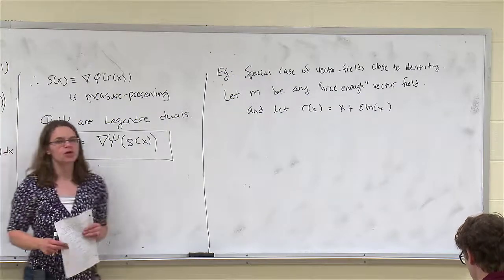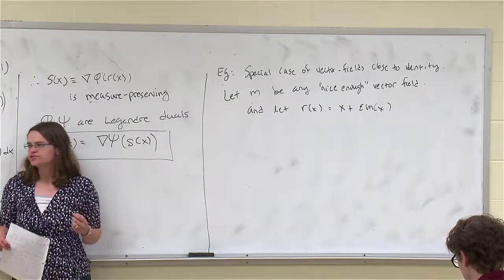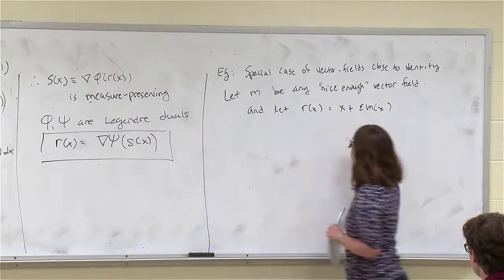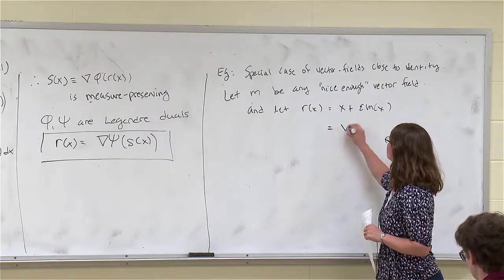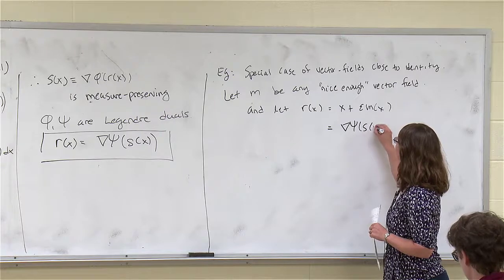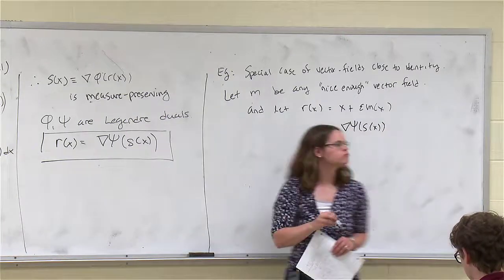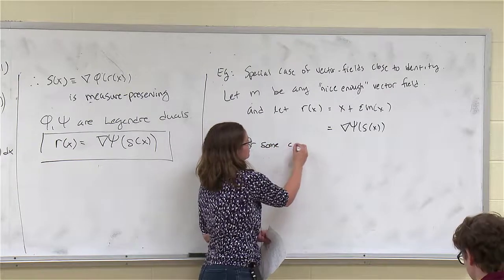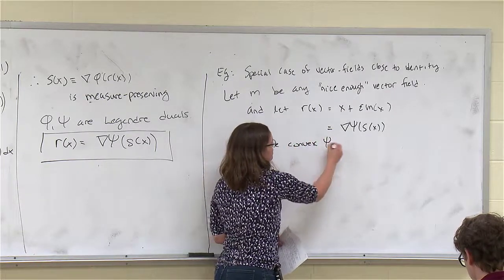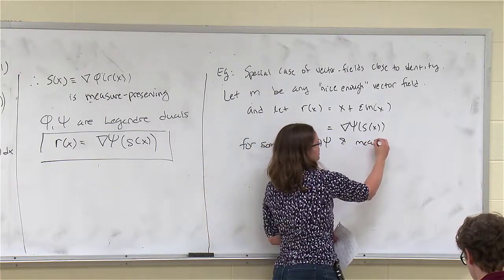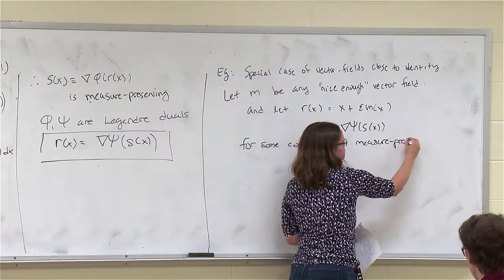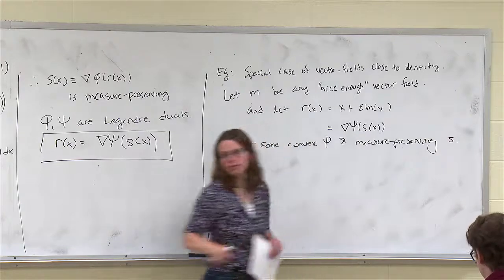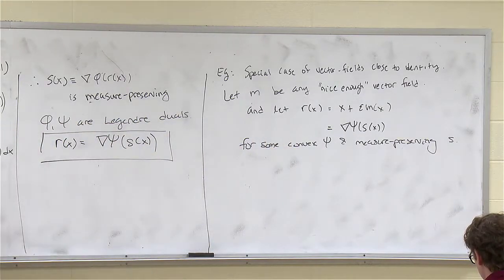Okay, and we're going to apply the polar factorization theorem to R. Okay, we know that we can write this as grad C of S of x, for some convex C and measure preserving S. Right, this was our polar factorization theorem.